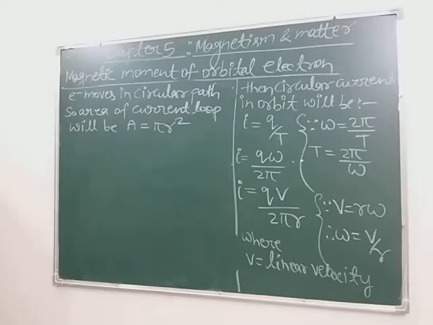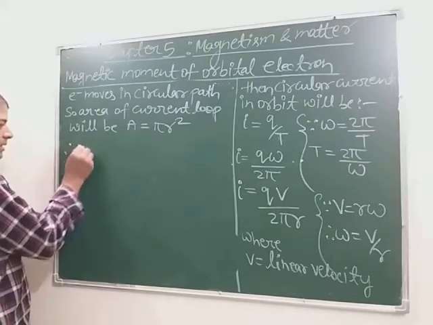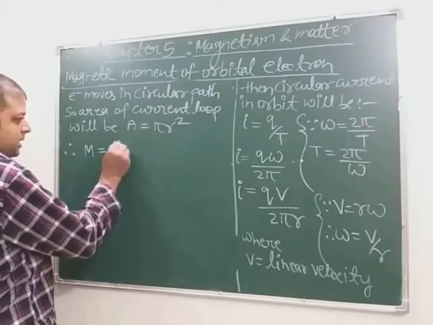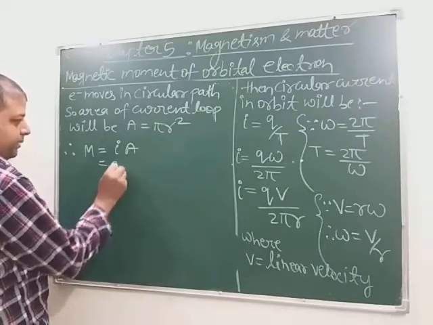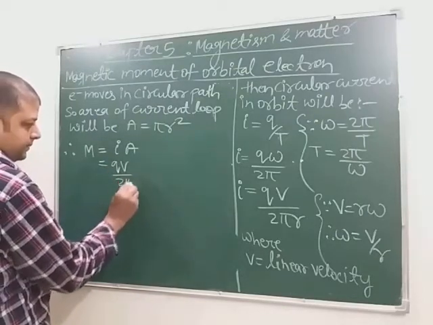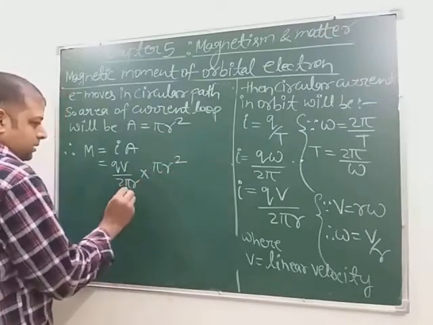So M can be defined as, therefore M is equal to IA, or we can write in place of I, qv upon 2 pi r, multiplied by area pi r square.